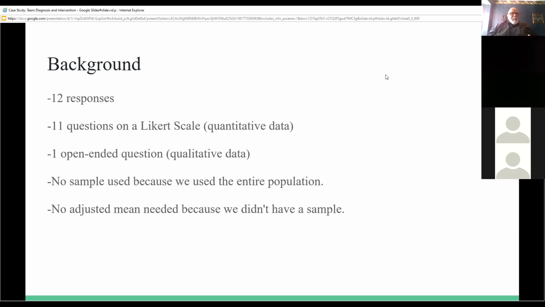So remember that's part of the big picture this morning: when we're working with a sample, we're always most concerned, does that sample represent the bigger population? We do more inferential things. When we are using the entire population, we don't have to do those things.